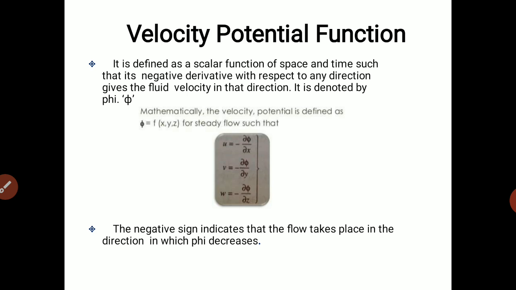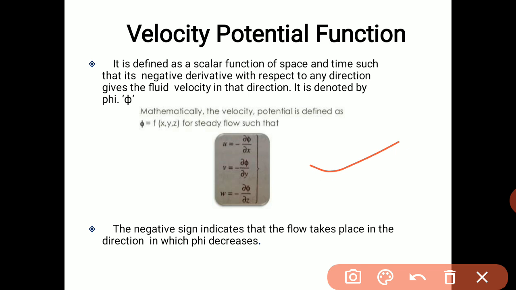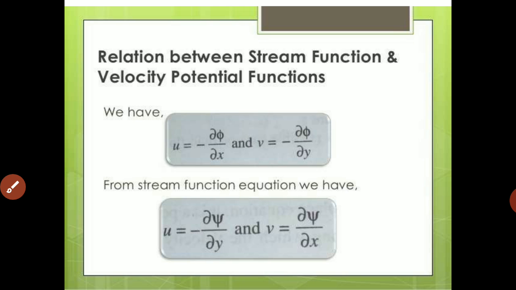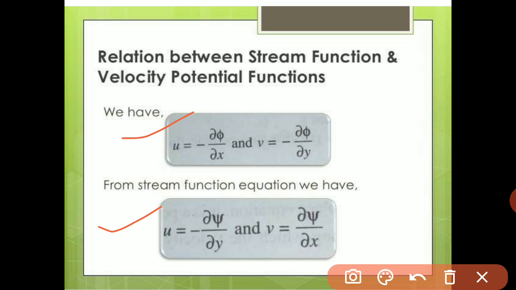The negative sign indicates that flow takes place in the direction in which phi decreases. So just remember these two functions very carefully. We have some simple numericals on these two. So this is the relationship between stream function and velocity potential function. Just remember this carefully.